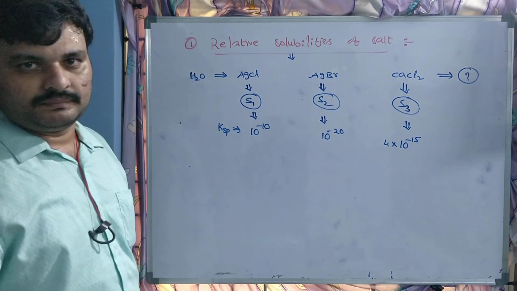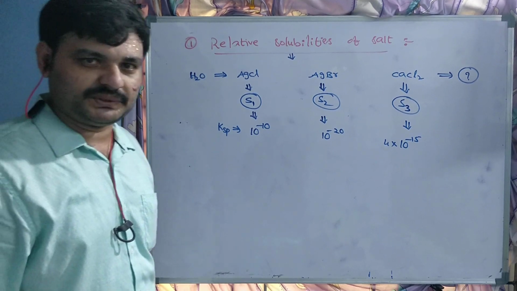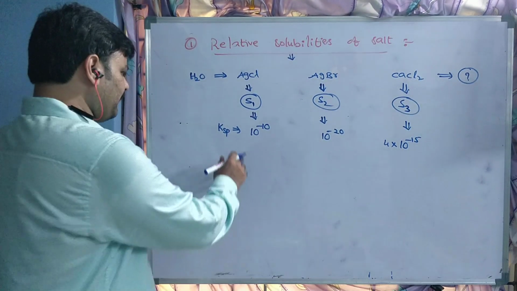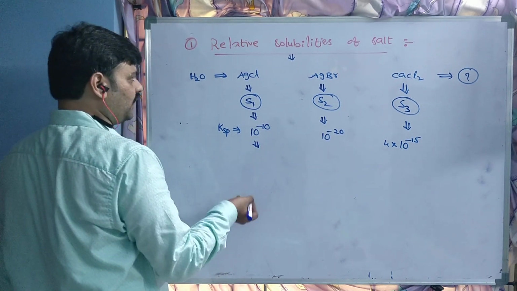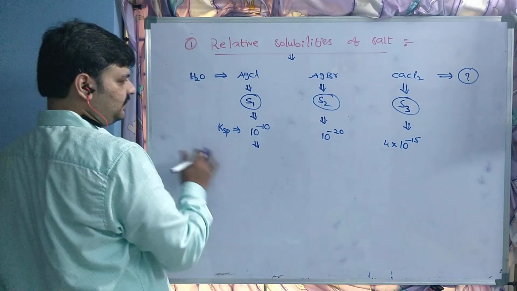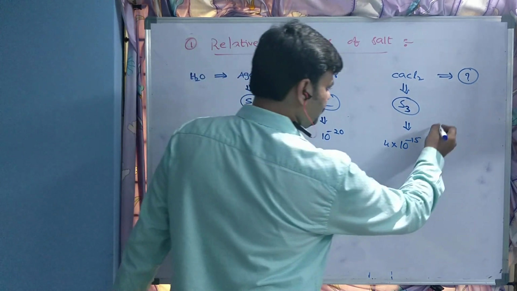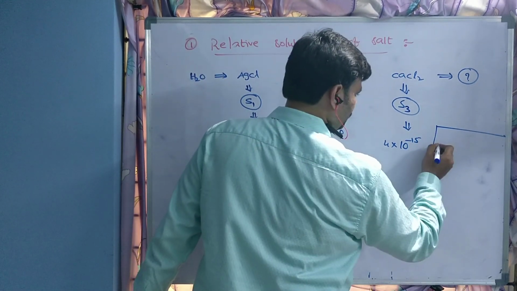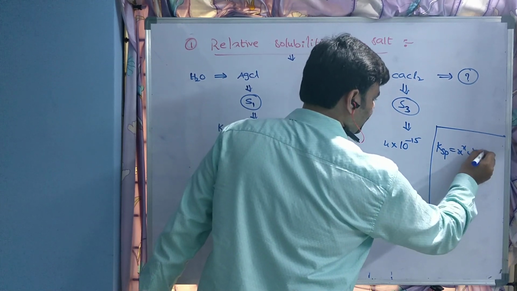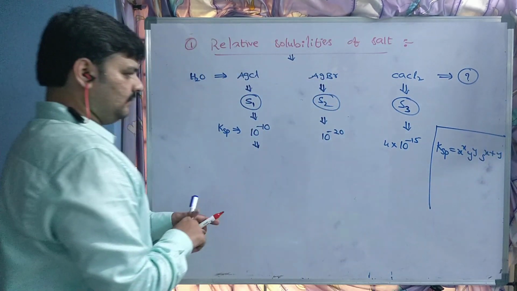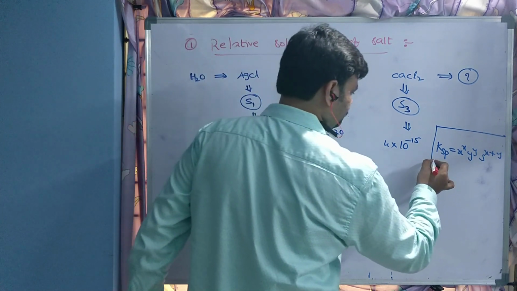Then by using these experimental values I am going to calculate the solubility. So what is the formula for solubility product? Yes, we already wrote that. KSP is equal to x^x y^y S^(x+y). So this is the formula I am going to use.